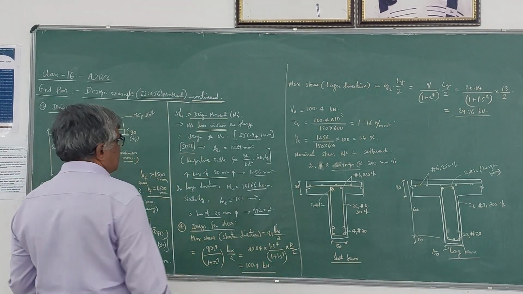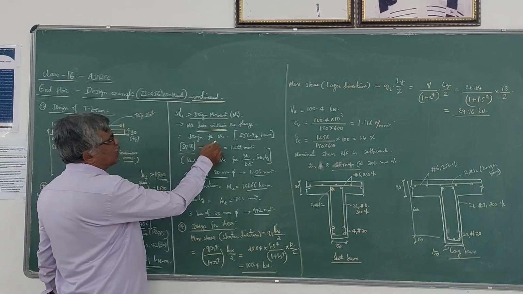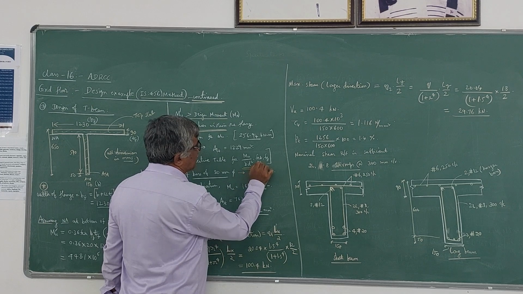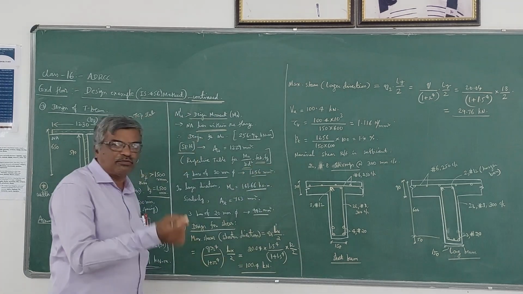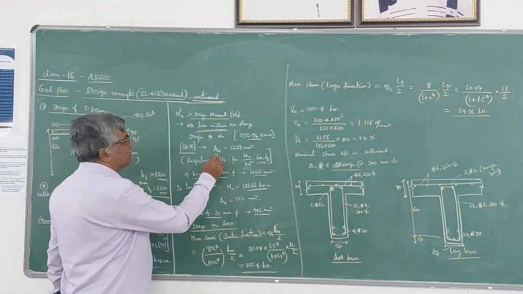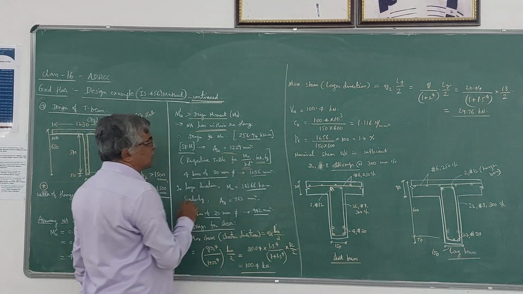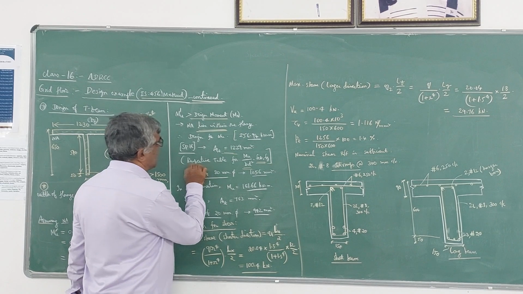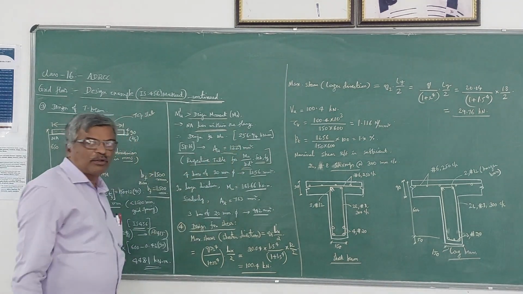Now, once you get this value of Mu, you can calculate Mu by bd square, and for a given combination of fck and fy, you can always get the value of percentage of steel, Pt. From that Pt, you can get the value of Ast from SP16.